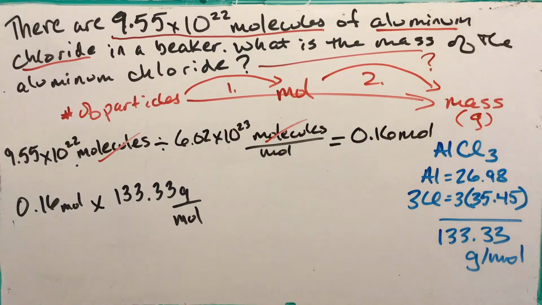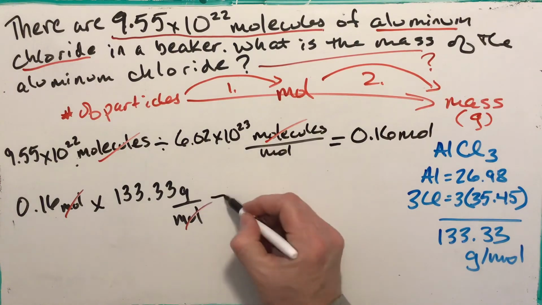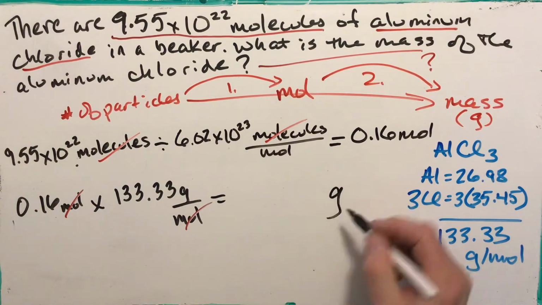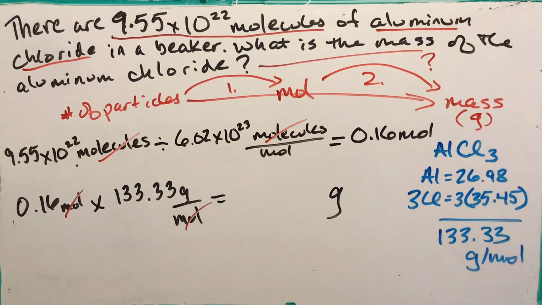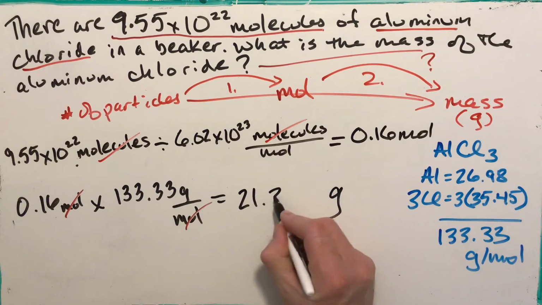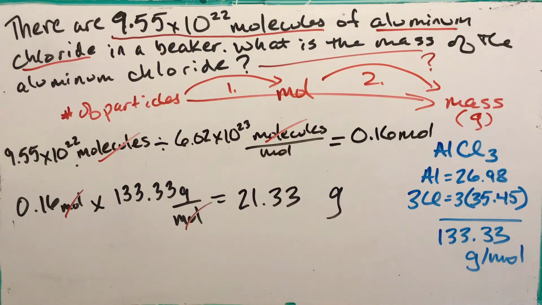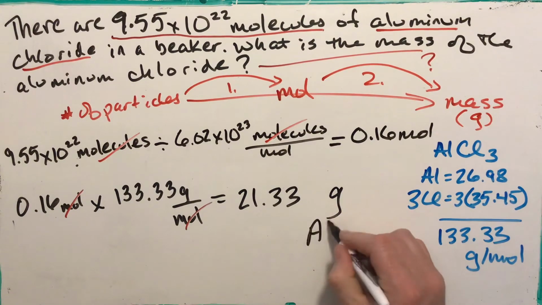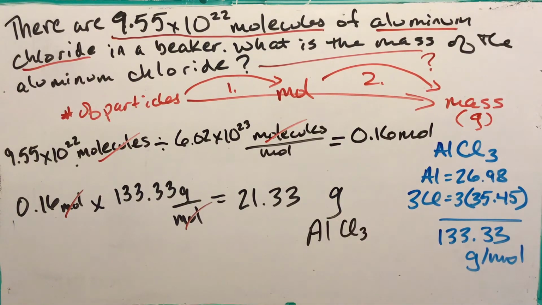And what that'll do is it will cross out the moles. All right? And I'll be left with grams. So I know my answer is going to be in grams, which is mass, which is what we're looking for. Beautiful. So when I multiply that out, it's going to be 21.33 grams of the aluminum chloride.